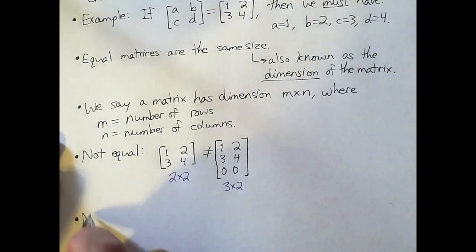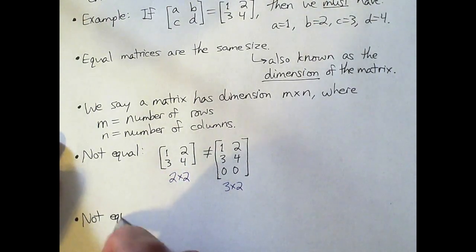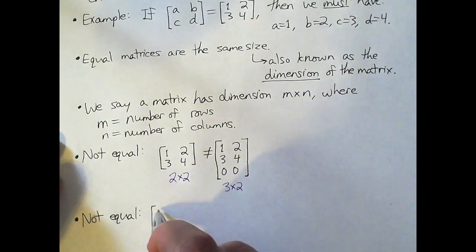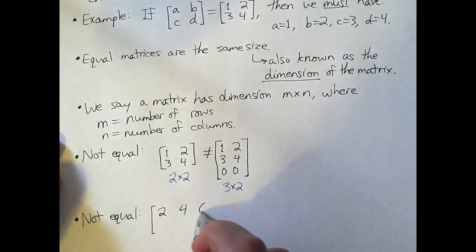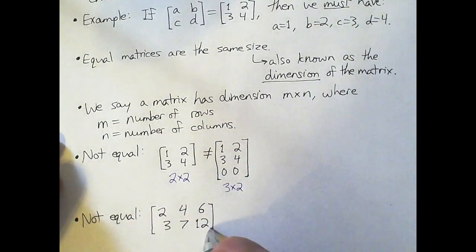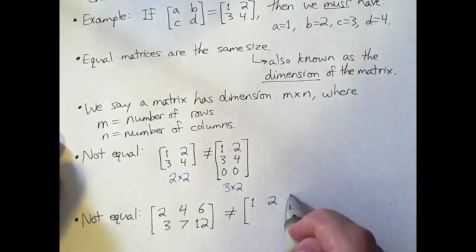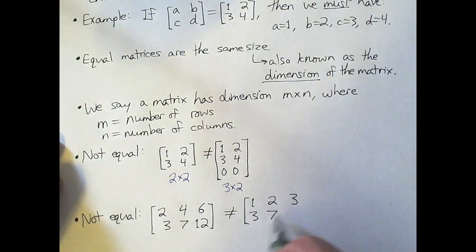I'll give you another example of two matrices that are not equal to each other. 2, 4, 6, 3, 7, 12 is not equal to the matrix 1, 2, 3, 3, 7, 12.